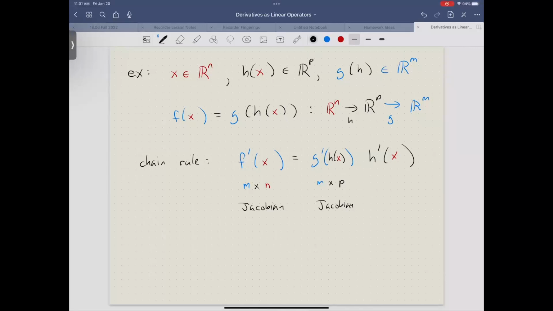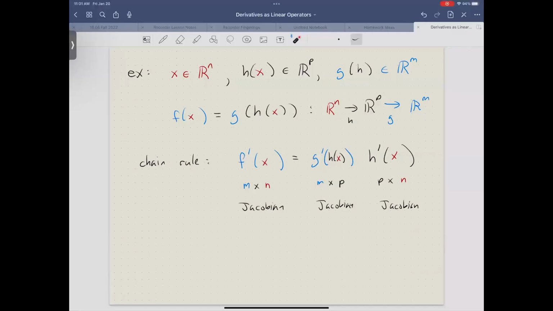And h prime of x takes n inputs, h has n inputs and p outputs. So it's a p by n matrix. When you linearize it, it's a p by n, right? These h and g are not linear functions in general, but their derivatives, the linearizations, are linear operators, just matrices in this case.